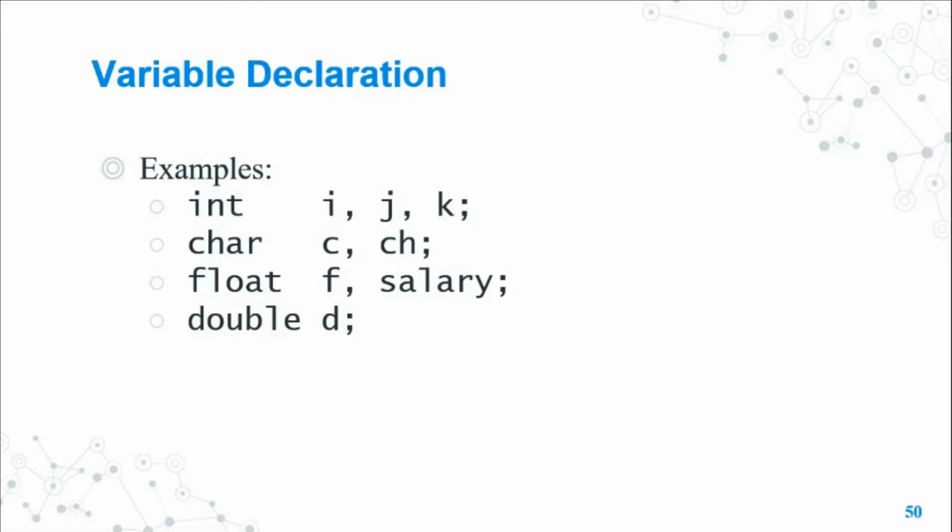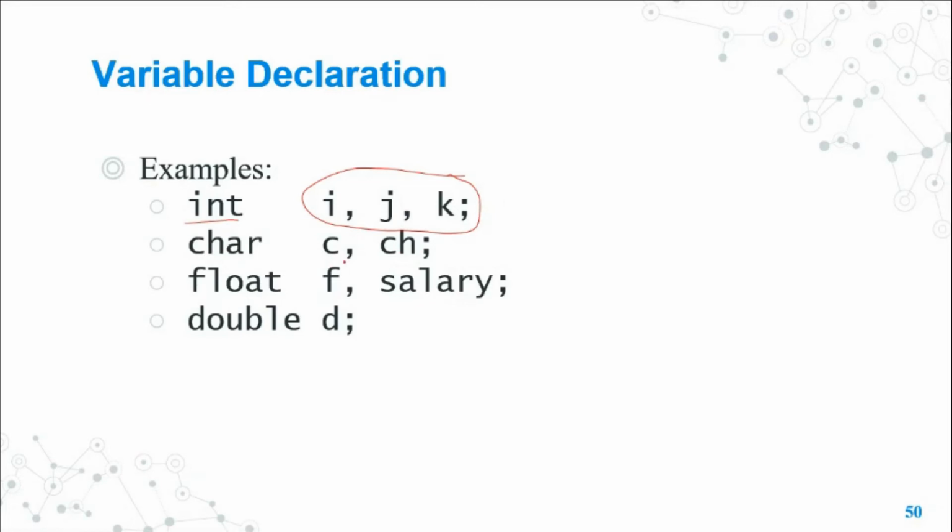Some examples of variable declarations. This is the data type int: i, j, k. These are the variable names: int i, int j, int k. Instead of writing it in three different lines, you can write it in the same line itself, int i, j, k. The next one is char c, ch.